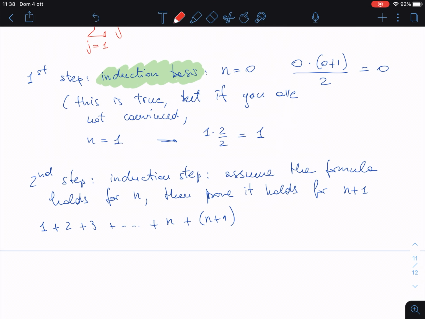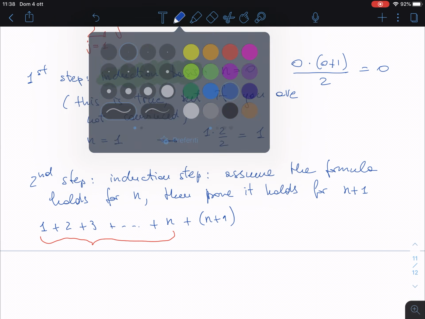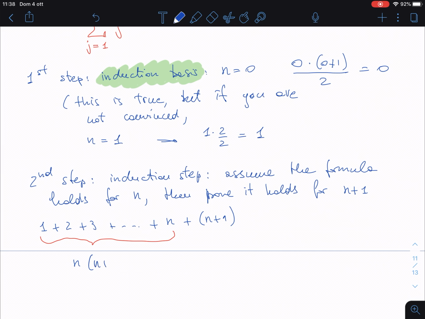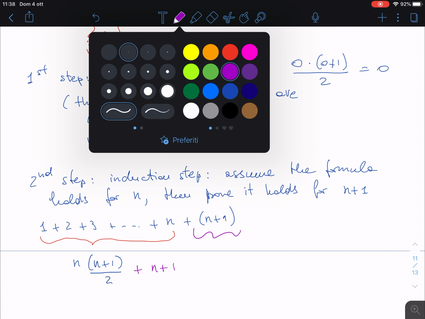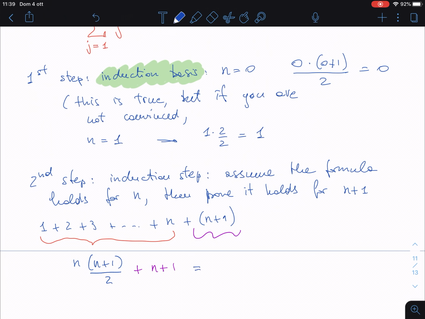Now, since you assume that the formula holds for the first n numbers, here you write n times (n plus 1) over 2. And then you have to add n plus 1, plus n plus 1. Now you collect out this n plus 1 term, and you end up with n over 2 plus 1.